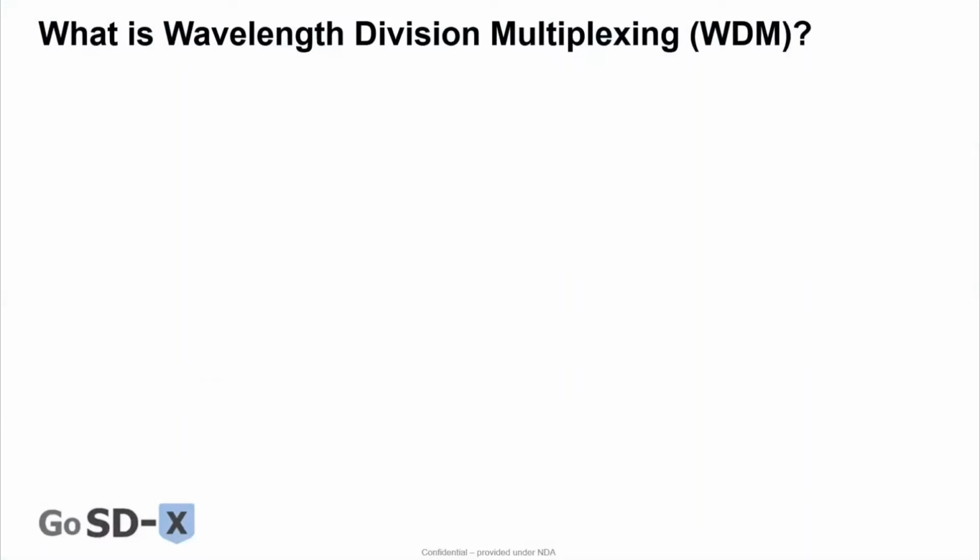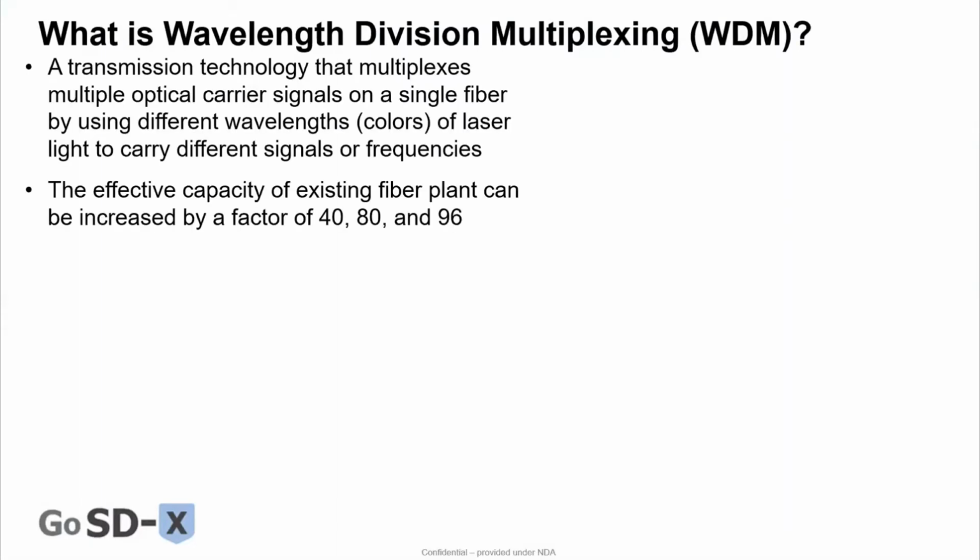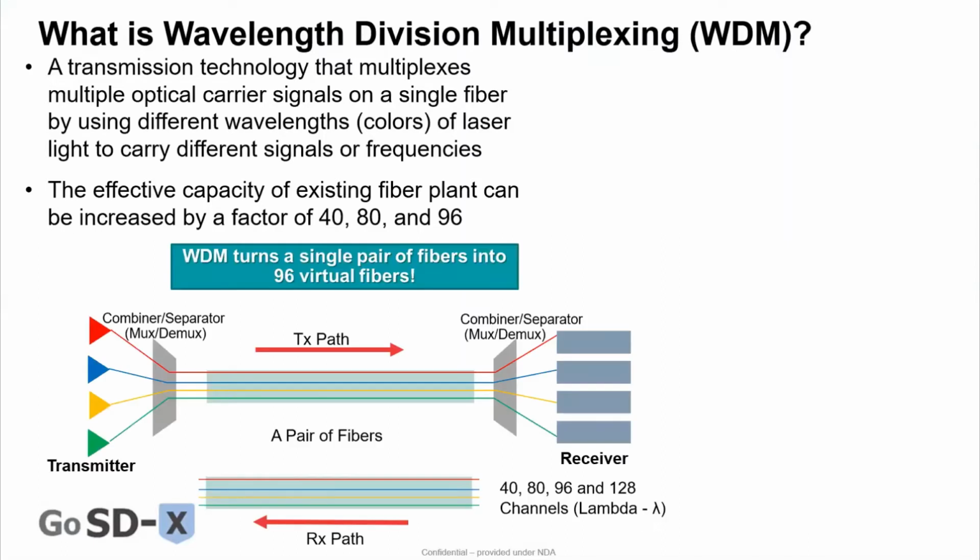What is WDM here? It is a transmission technology that multiplexes multiple optical signals on a single fiber by using different wavelengths of laser to carry different signals. I show 4 channels here only to simplify the diagram, but of course it can support, for example, 40, 80, 96 channels.